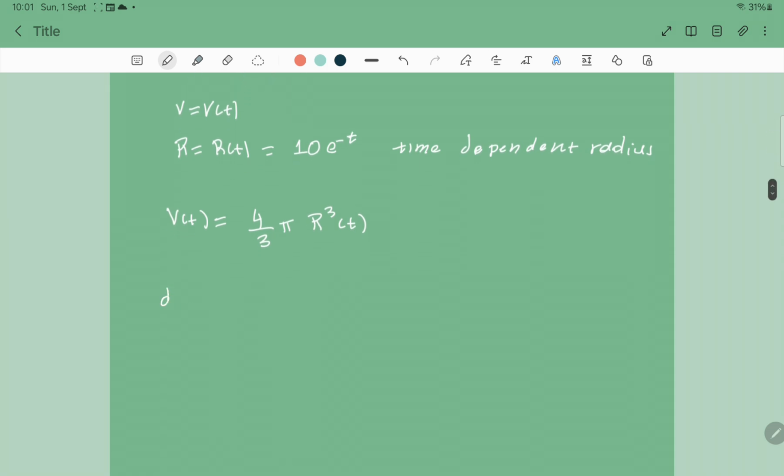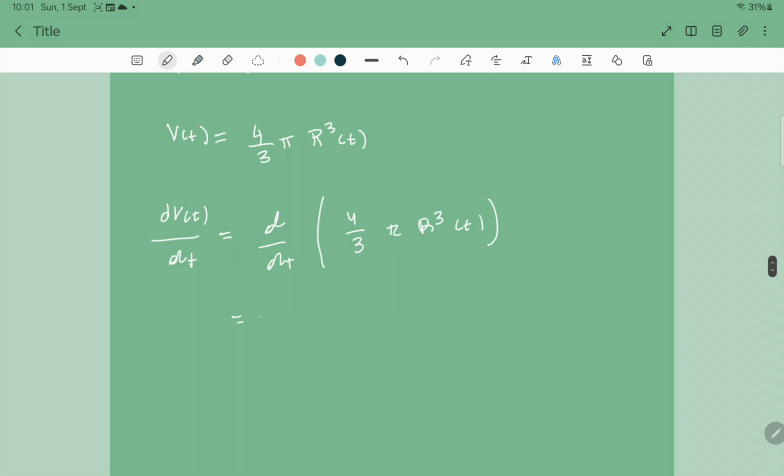Now let's find the derivative of the function with respect to t. I am calculating the derivative of the function with respect to t. So these are not functions of t, these are just constants, they can go out of the derivative. And I will have the derivative with respect to time of the radius cubed.